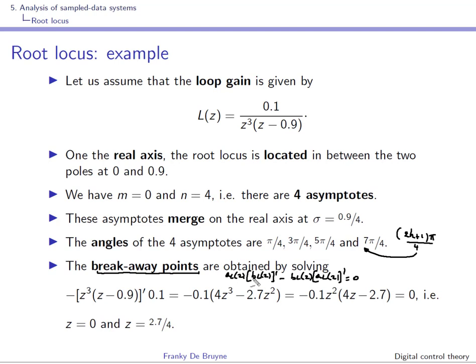This first term will not give a contribution because the numerator is constant. So this is the equation. We have to take the derivative. This is what you obtain, and if you go through the calculations, you'll find a breakaway point in z equal to 0 and one in 2.7 divided by 4.